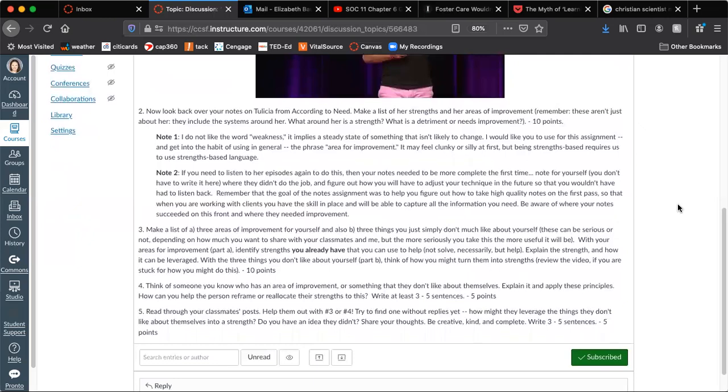And then you're going to take that first list, the areas for improvement, and identify strengths that you already have that you can use to help, not necessarily solve, but help to resolve those areas of improvement. And then you're going to take that strength and explain it a little bit. I don't just want one half a sentence for this. I want you to explain it a little bit.